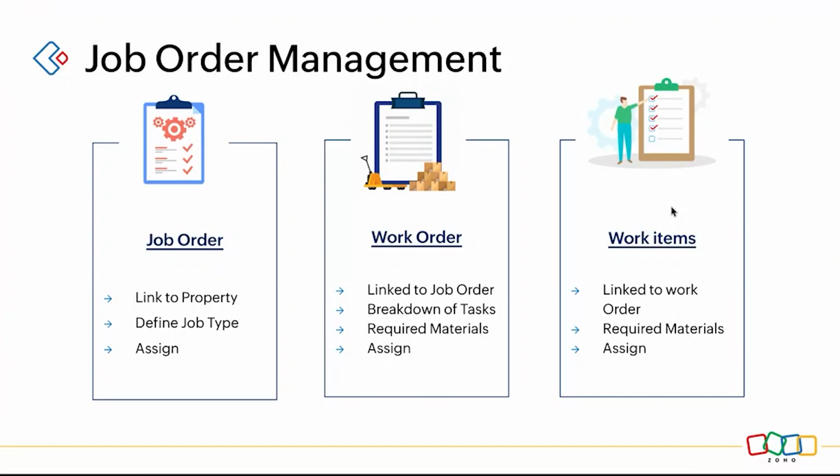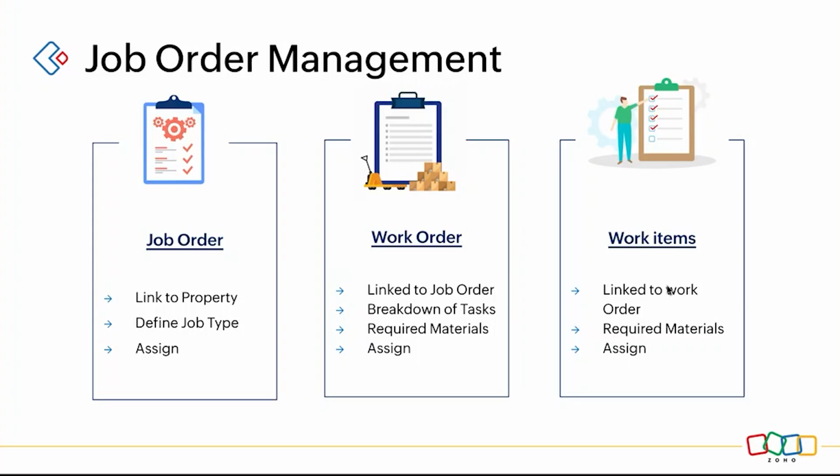There will be so many users involved in each and every work item. So I'll divide the work orders into work items and assign them to the respective resource. So here the job order is going to be the whole order. Within the order, we will have many second-level orders, and within the work order, there will be work items which will be assigned to the particular resources.